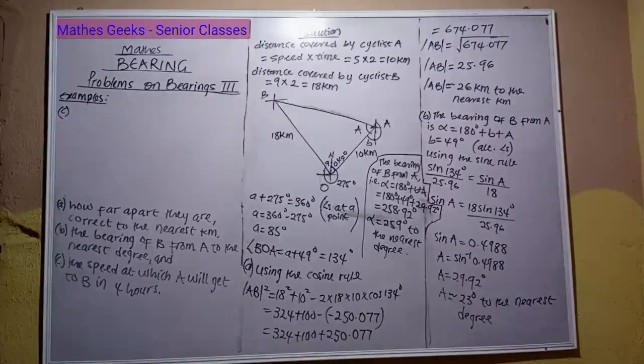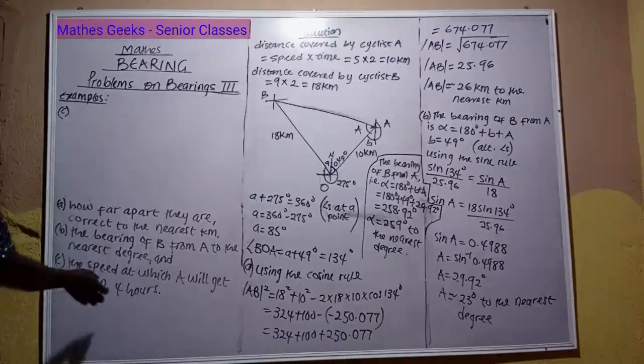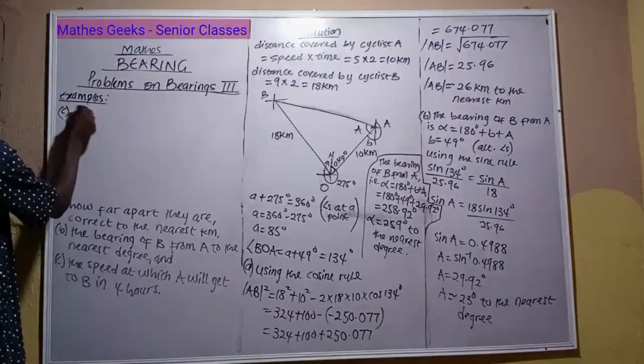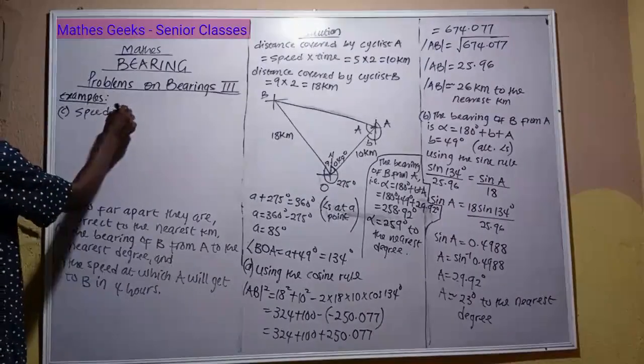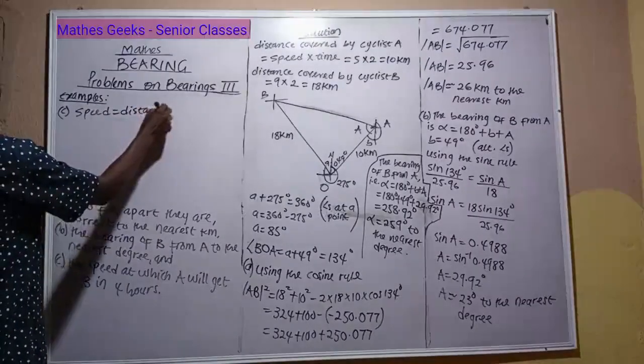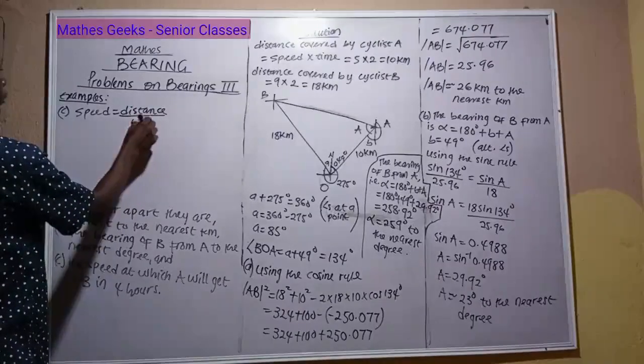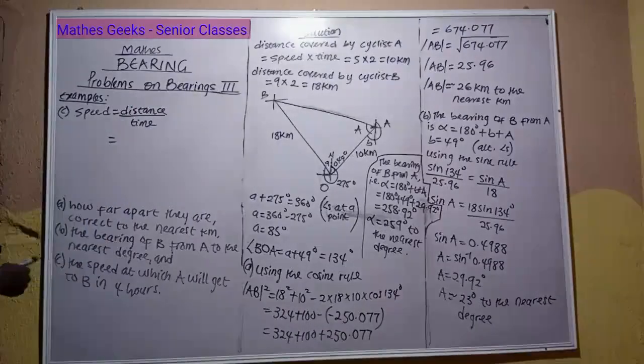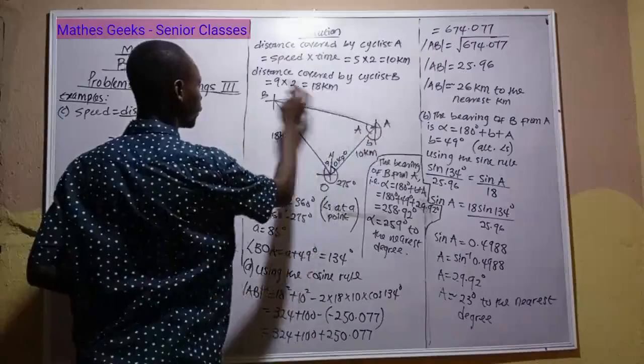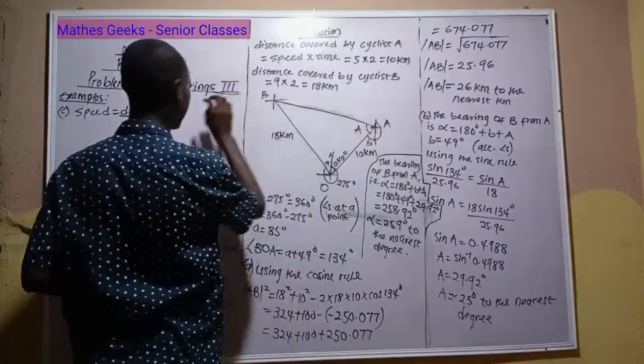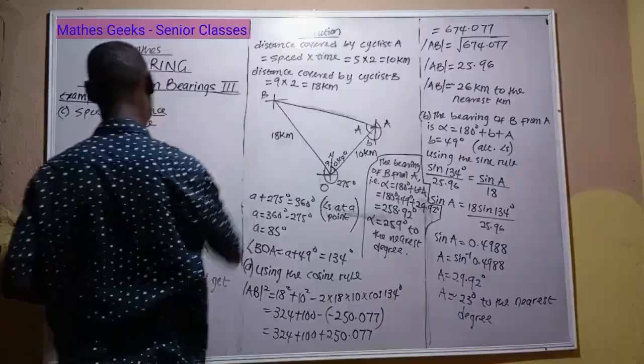C. The speed at which A will get to B in 4 hours. Speed is equal to distance over time. So the speed at which A will get to B in 4 hours will be the distance between A and B over the time given.